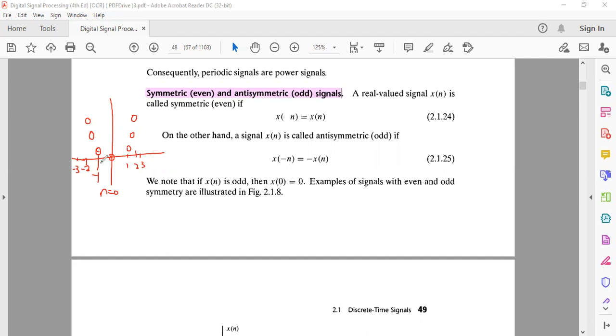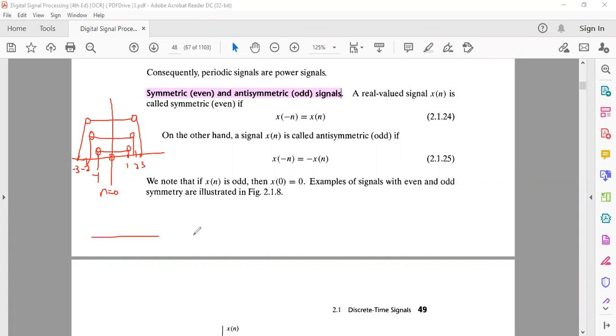Realize that x[-1] is equal to x[1]. This value here is equal to here, and x[-2] is equal to x[2], and x[-3] is equal to x[3], because these values here would be the same. This is called an even signal.